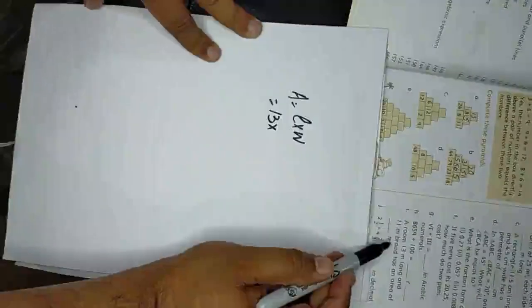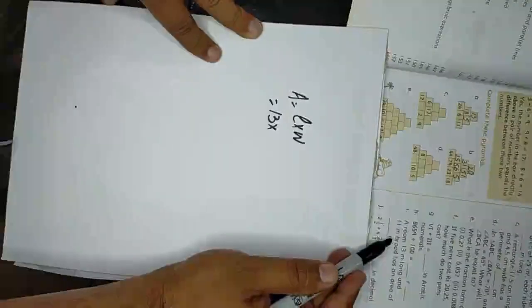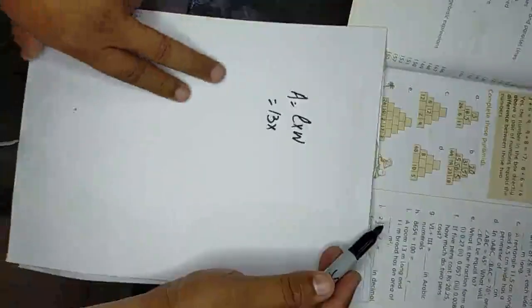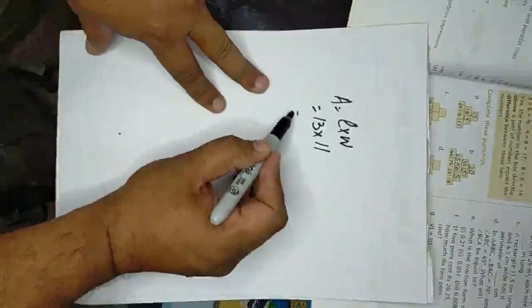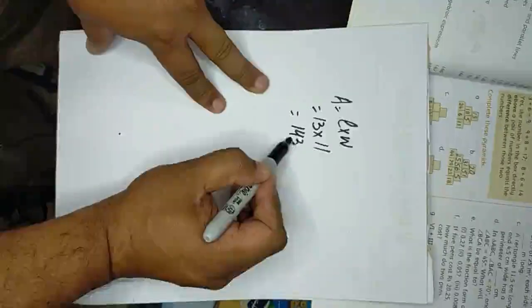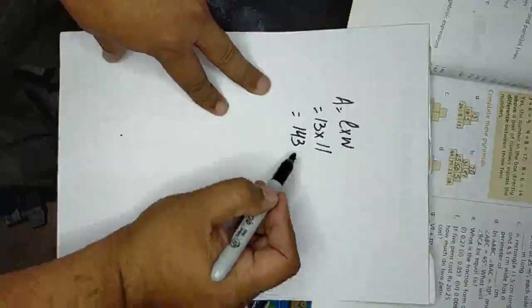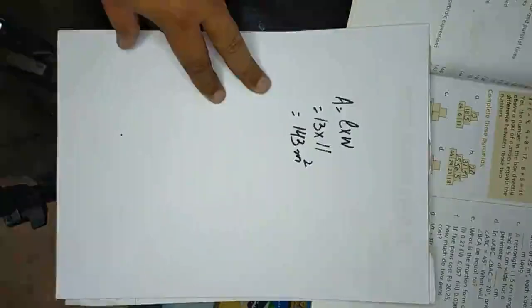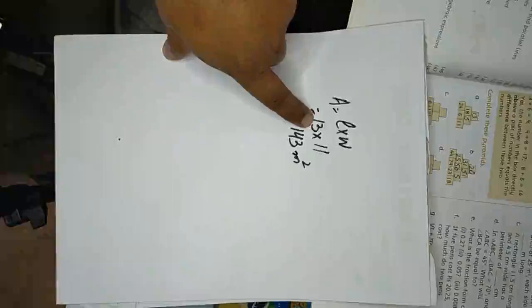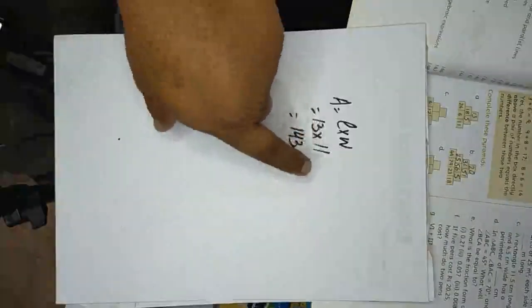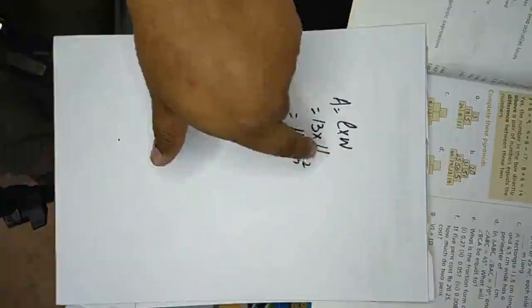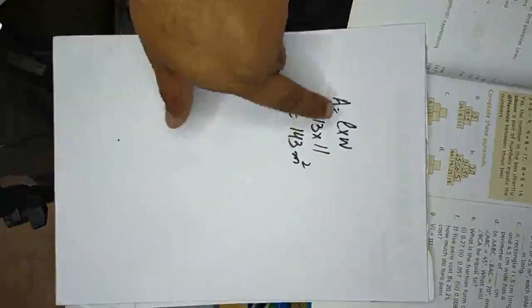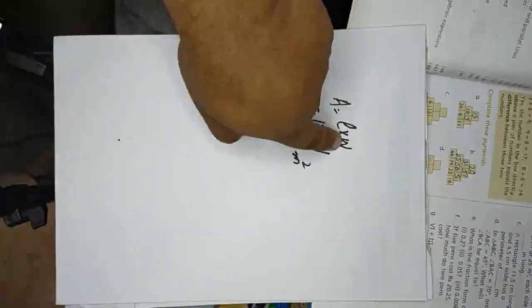And broad, what does broad mean? Wide, right? 11 meters. So if we multiply these two numbers, the answer would be 143 meters square. That is how we write it, right? So 13 meters long, 11 meters broad or wide. If we multiply it, the area is length into width, right guys? Good job, guys.